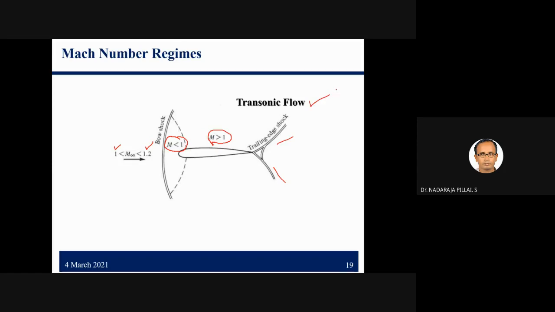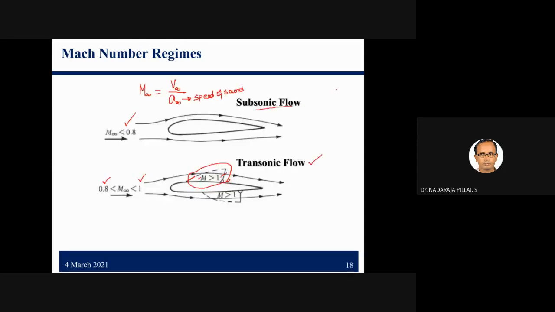What is the difference between the transonic flow here and the transonic flow here? Any idea? So there is no formation of bow shock in the first case. Yeah, that's true.